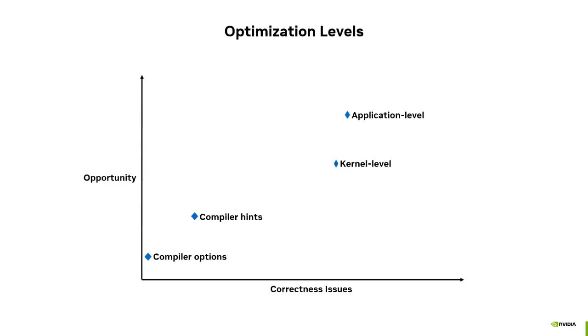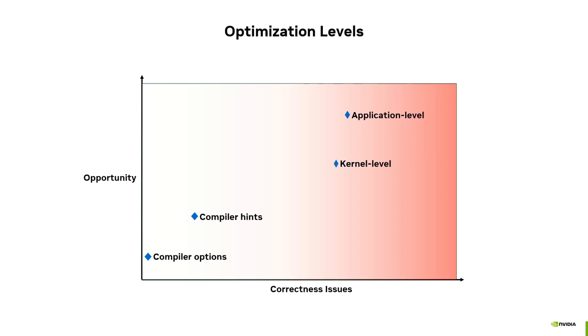But optimizations can be applied at different levels. There were earlier talks about looking into maybe compiler options or hints. These will have fewer correctness issues. So on the x-axis, we show, logically, correctness issues, right? The more code you change, the more correctness issues you will have.